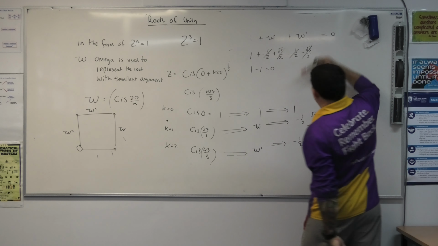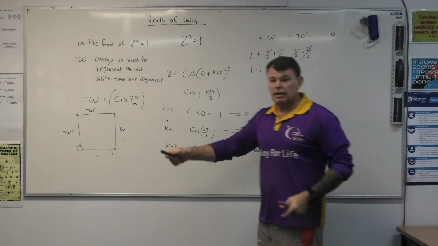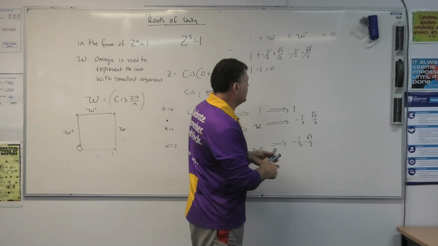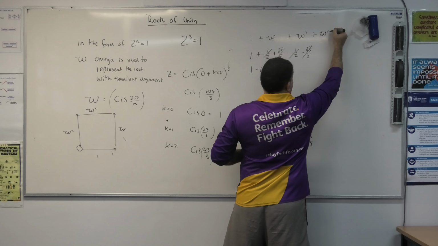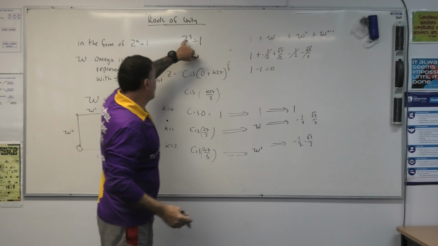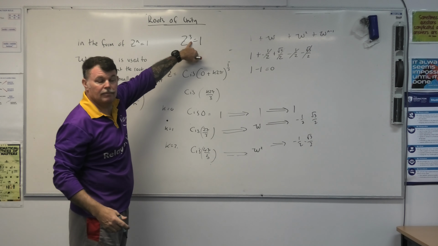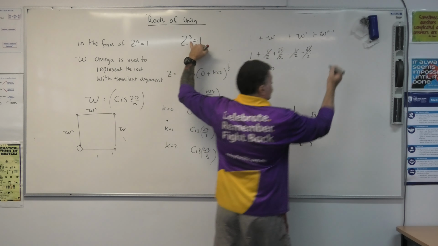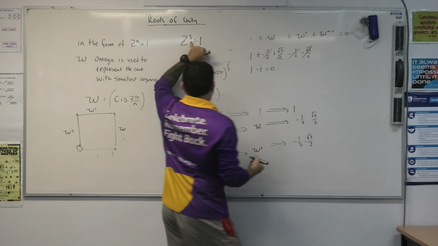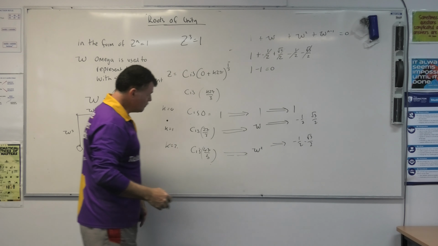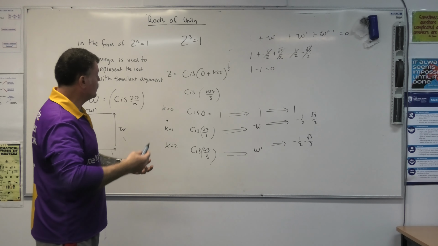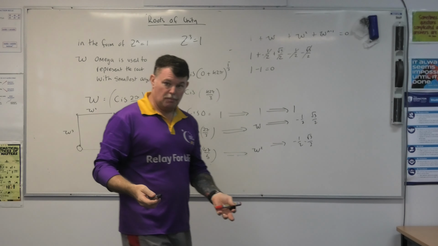When k equals 2, omega squared, and so on, all the way up until we get plus omega n minus 1, which lines up with this calculation here. And that should all add up to 0. So if I had to the 4th, then I'd have omega to the power of 3. That's our connection between the roots of unity and the roots of complex numbers.